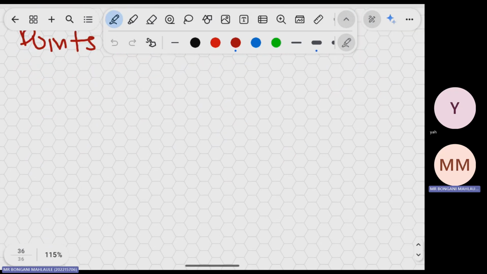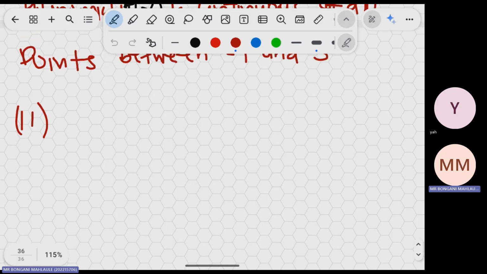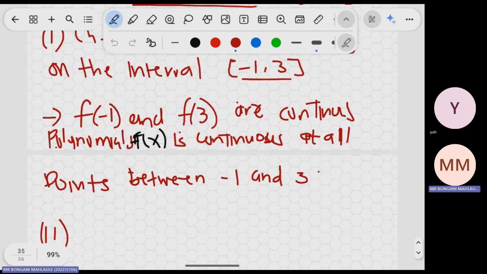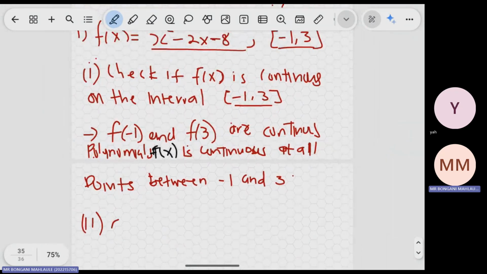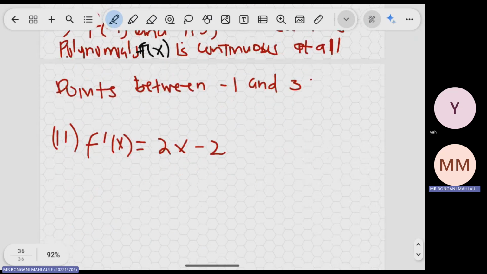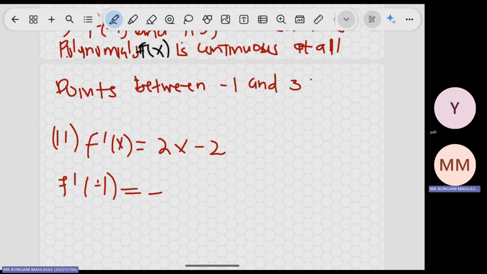Okay. The second thing to check is if the function is differentiable on the interval -1 and 3. So meaning you will have to differentiate your function. The derivative of f of x is 2x minus 2. So now f prime of -1, you will get -4.